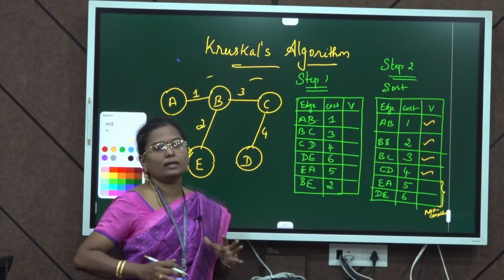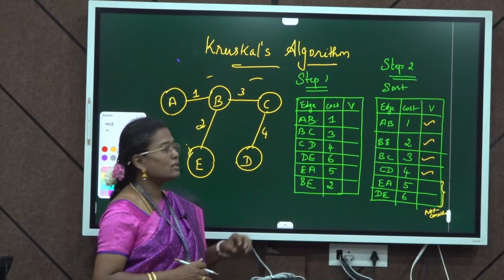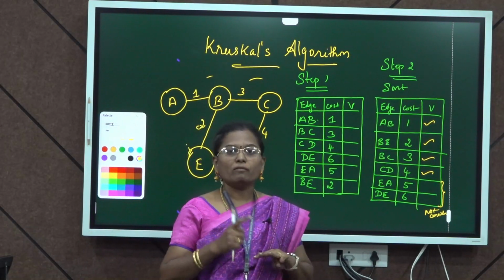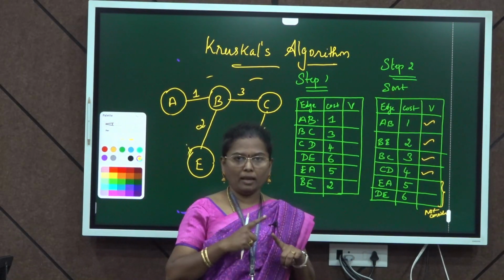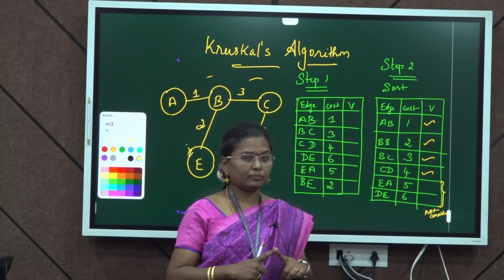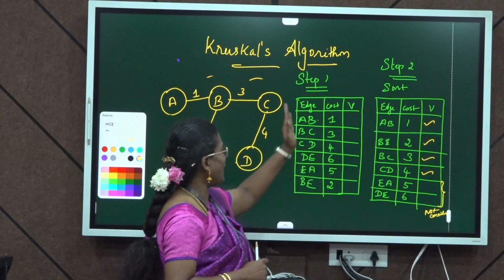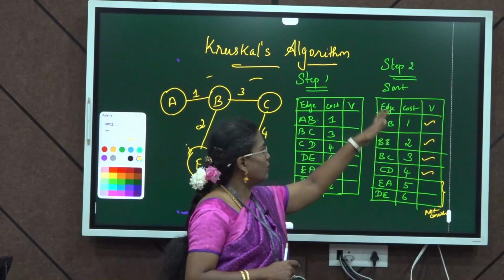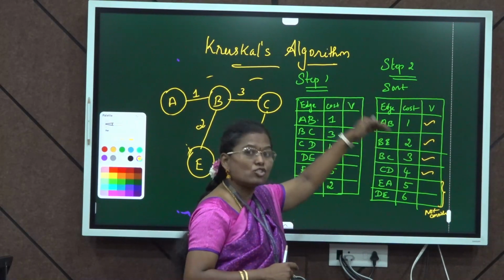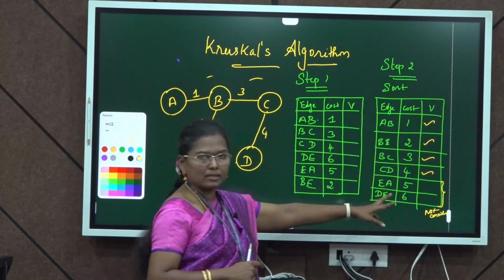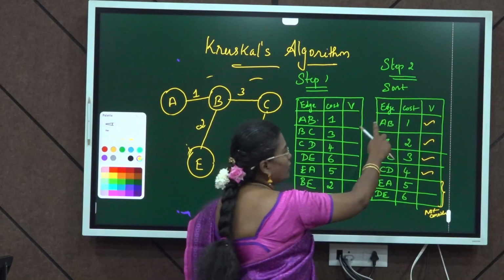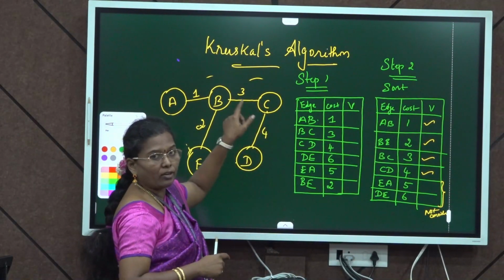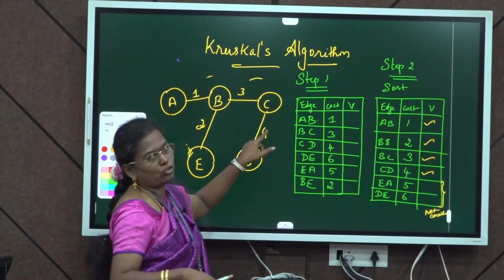So let me recollect how this Kruskal's algorithm works. Given a graph, we are going to follow 3 different steps. One is we are going to take the edges and build the edge table. Once this edge table is built with edges and cost, then we are going to sort the edge table based upon the cost, and after sorting we are going to take edge by edge and we are going to draw the edge and check whether there is a formation of cycle.